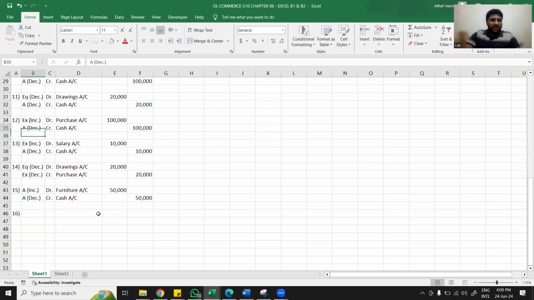So debit purchase, credit, liability increases, trade creditors.